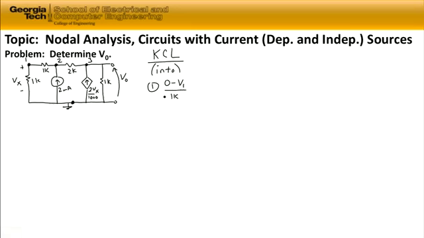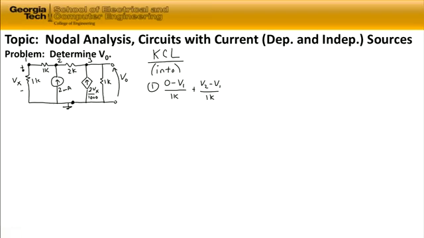We also have the current through the 1 kilo ohm resistor at the top of the circuit, flowing from node 2 to node 1, since we're summing currents into the nodes. Starting at 2, flowing into 1, it's nodal voltage V2 minus nodal voltage V1 divided by 1K.